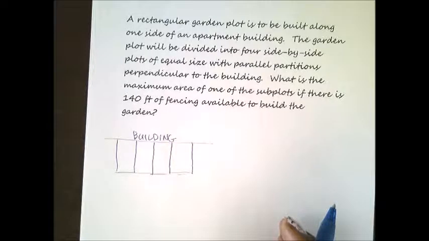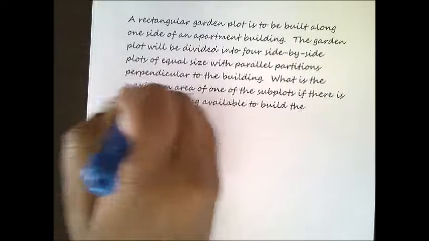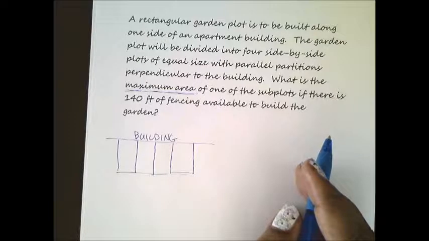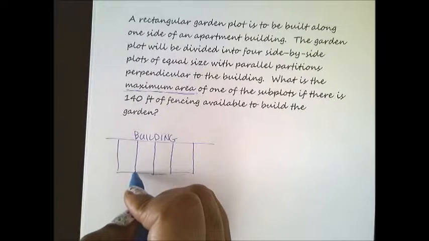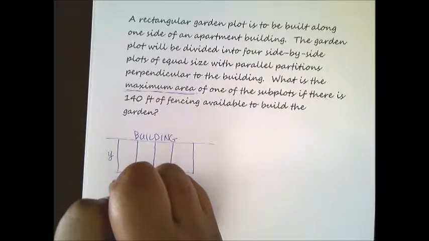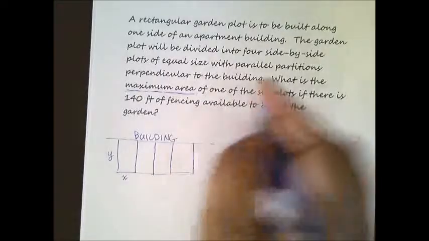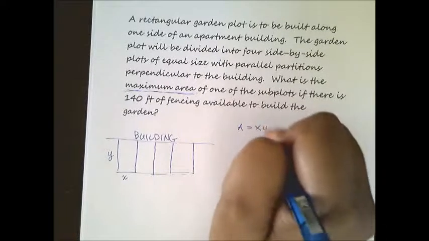I have 140 feet of fencing, but I need to maximize area. So if I want to maximize the area of one of the subplots, let's label one side Y and the other side X. Right? I want to maximize the area of one of the subplots.